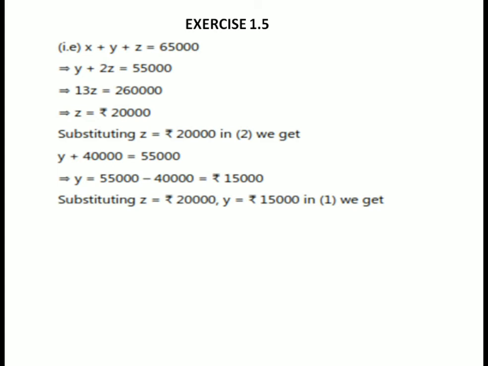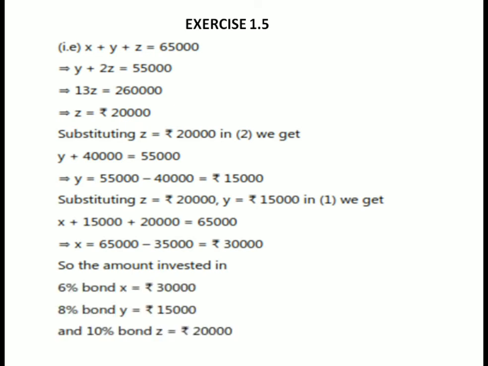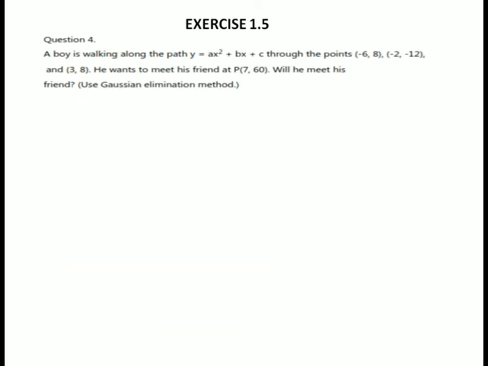Then z value, y value substitute in the first equation. We get x value is rupees 30,000. So the amount invested in 6% is 30,000, 8% is 15,000, 10% is 20,000.